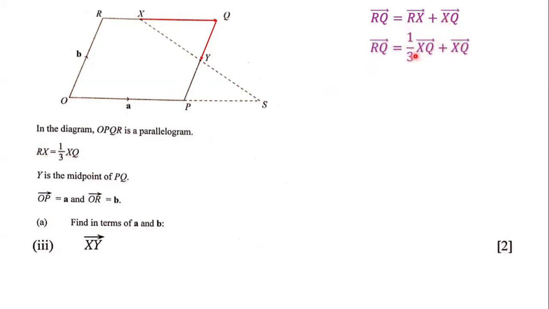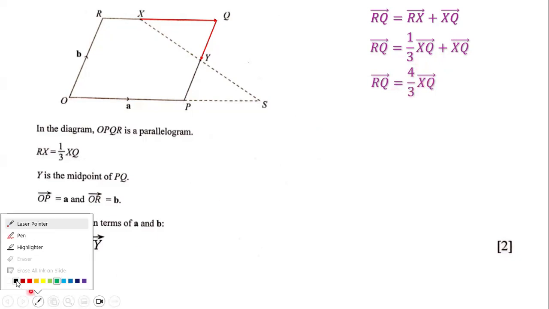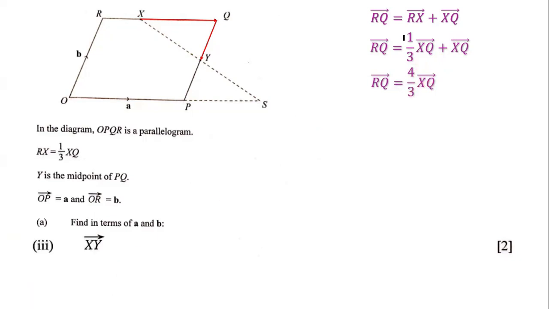Now, what is a third XQ plus 1 XQ? That is going to be equal to 4 over 3 XQ. Now, why is that the case? If you notice carefully, this right here is a third XQ, and this right here is 1 XQ.